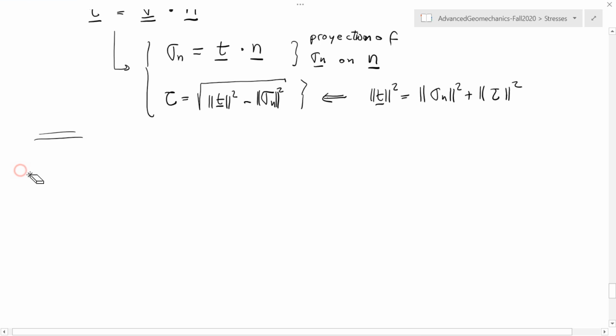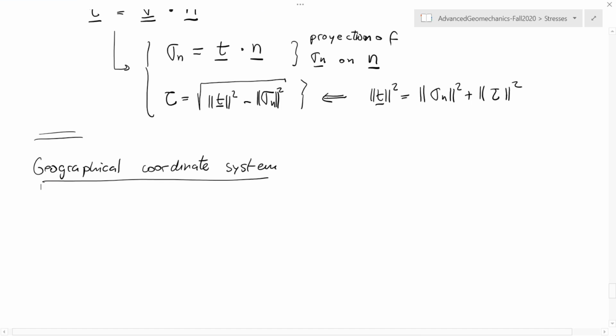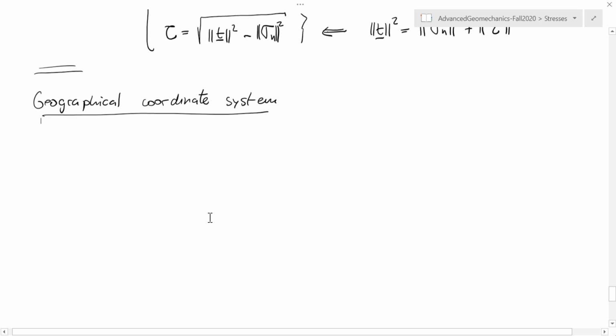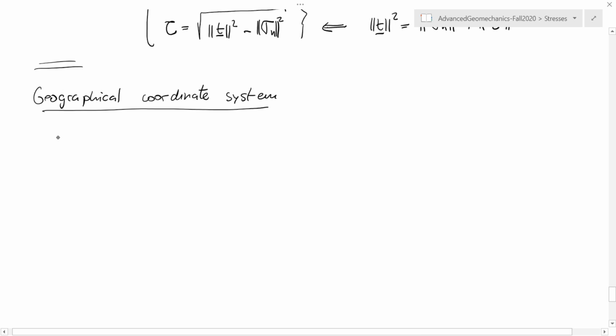What we're going to use is what is called the geographical coordinate system. This is going to be the common ground in which we write our principal stresses in any place and also our fault and fracture direction. In this geographical coordinate system, we're going to have as the first element of the base the north, the second element the east, and the third element to be depth.